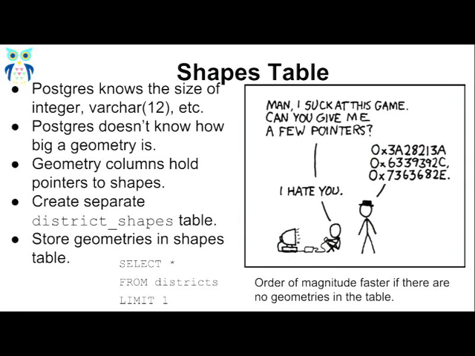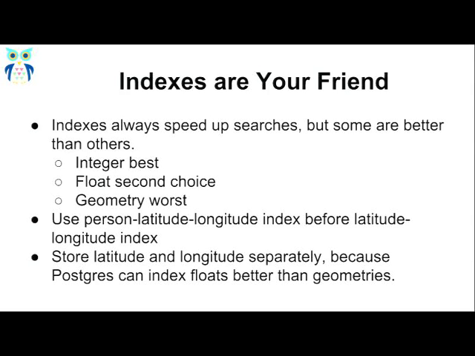So what I've done is I've separated my districts table from my district shapes table. And they're one-to-one with a shared ID. But if I don't need the shapes, I don't have to access that table. And indexes are great for speeding up joins and such, but not all indexes are created equal. Integers are the fastest thing you can do. Floats are a close second, but they are second.